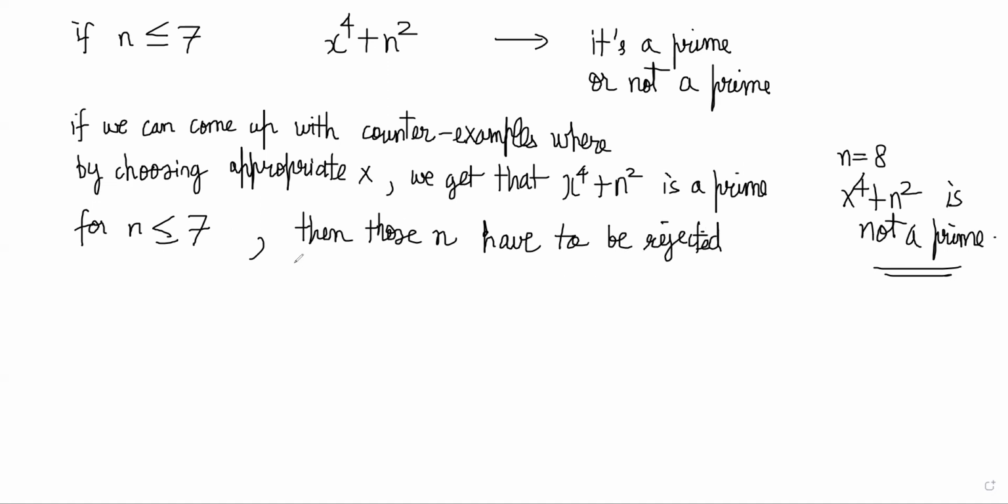Those n will not satisfy the conditions of the problem, because if you can show that it becomes a prime number at even one x, then you cannot accept that n.